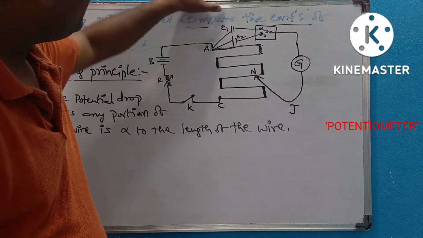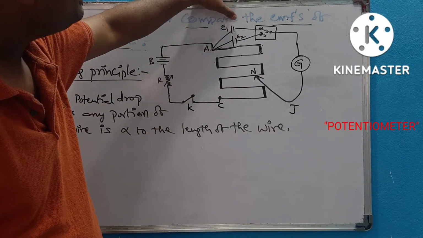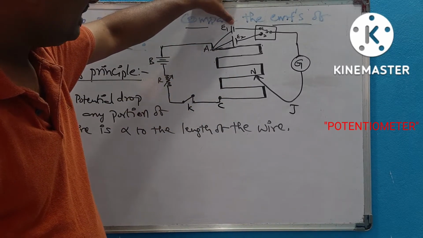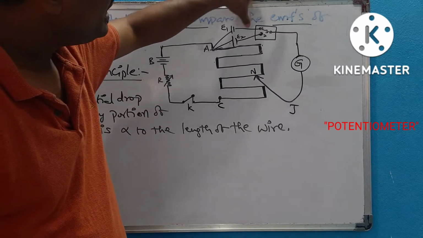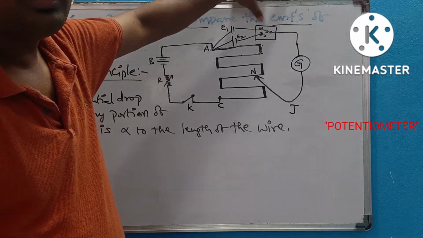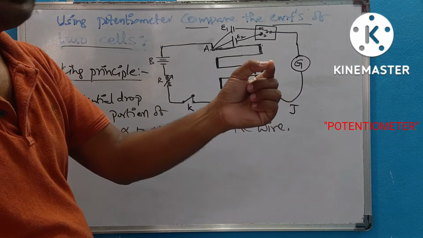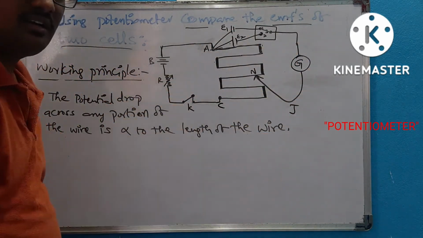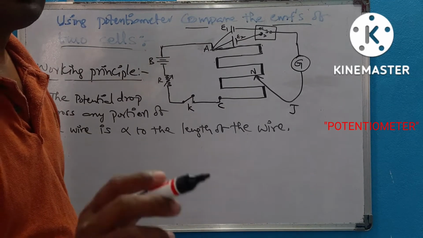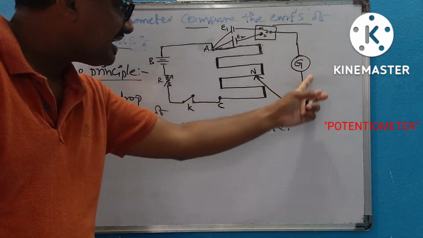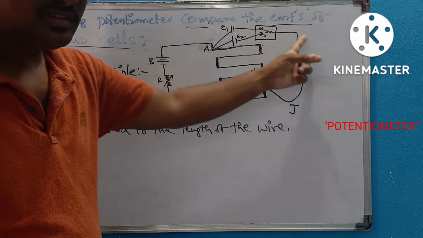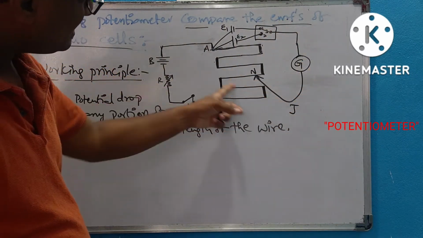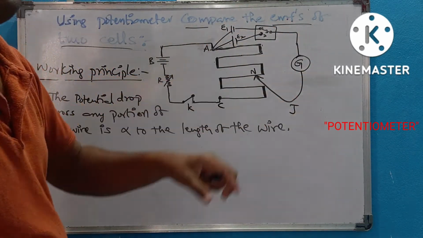Initially we connect cell 1. How? In the two-way key, 1 and 3 are connected with each other. Then cell 1 is connected to the circuit and the key is closed. Whenever the key is closed, some current is drawn from this cell and passes through the entire circuit.